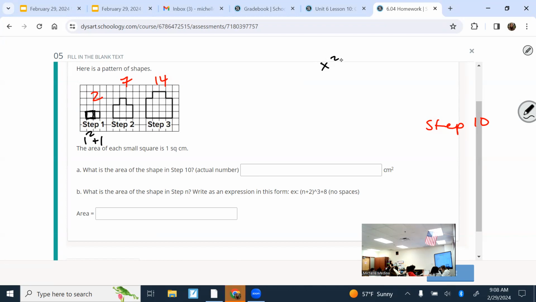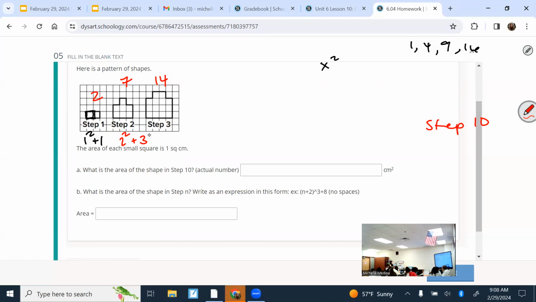The next perfect square, so if I think of like my list of perfect squares, 1 squared is 1, 2 squared is 4, 3 squared is 9, 4 squared is 16. In step 1, I have a 1 squared that I could do. In step 2, I could try 2 squared, which is 4, plus 3 could give me 7, so kind of seeing a little bit of a pattern.